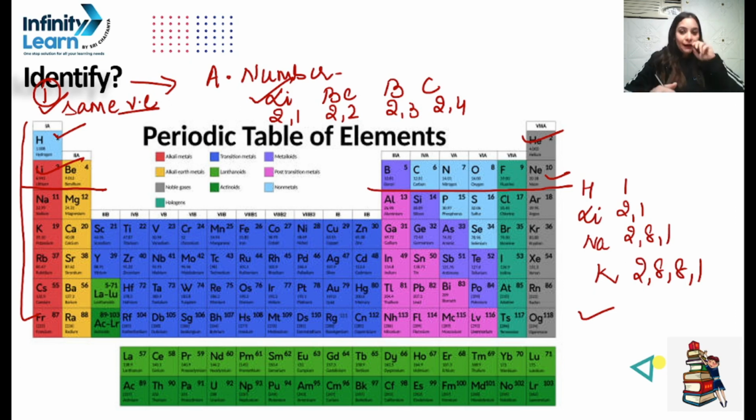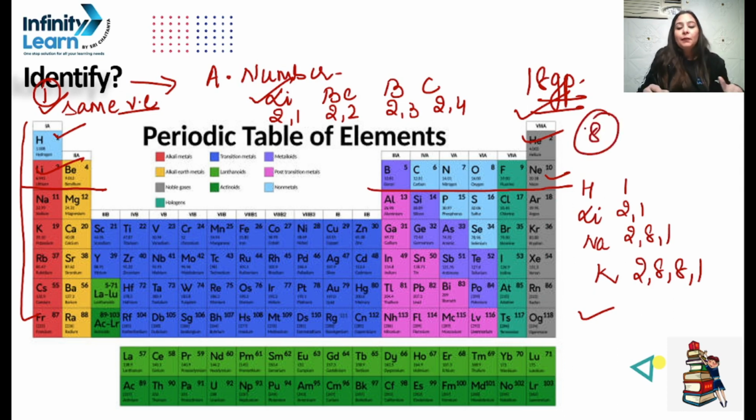Now let me tell you about one very interesting thing. We know that group 18 belongs to noble gases, right? That is helium, neon, argon, krypton, xenon, radon. These all are noble gases. Now if we see their electronic configuration, you will see that all of them have 8 valence electrons, and all of them obey the octet rule.